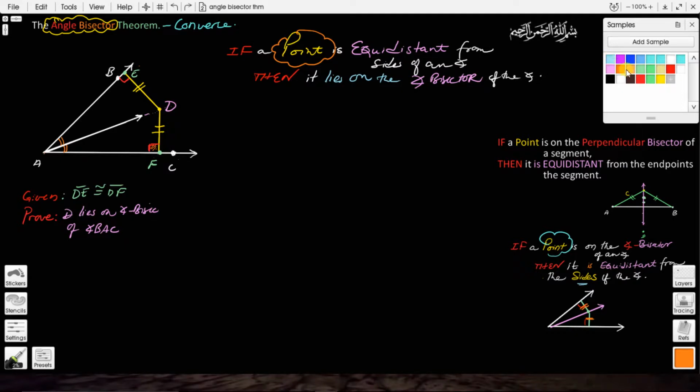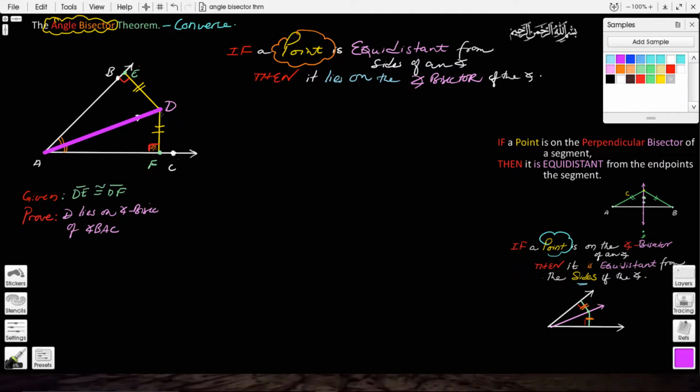Now, how do you go about proving this? The analogy is also very similar to what we did for the perpendicular bisector theorem converse. We did even better than that. We said D lies on the perpendicular bisector, because D actually makes the perpendicular bisector.